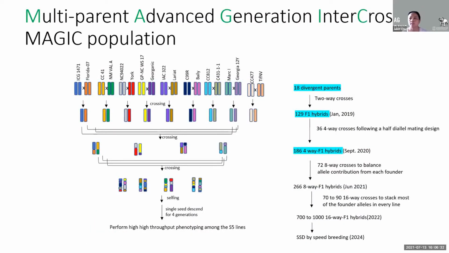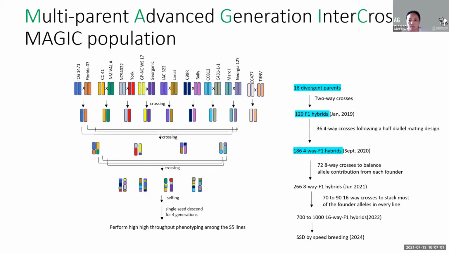So here describes the process of this MAGIC population construction. As I said in the earlier slide, you have seen the seed images of these founders. Among these 18 divergent parents, we made random pairwise crosses as the initiation of the construction. There were 9 two-way crosses performed by randomly pairing these 18 divergent parents.